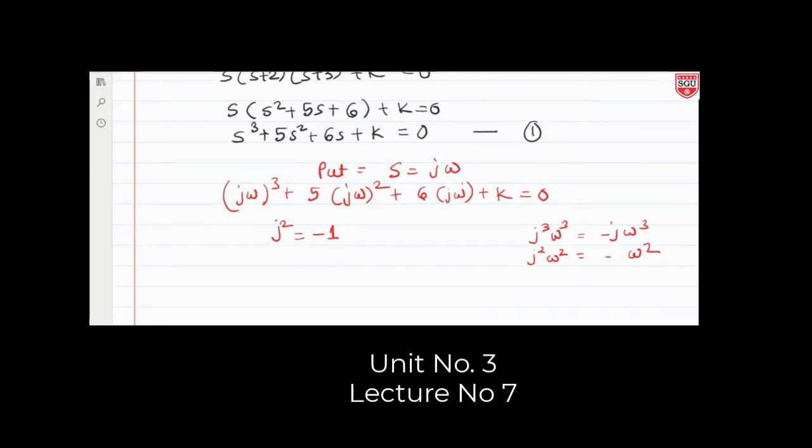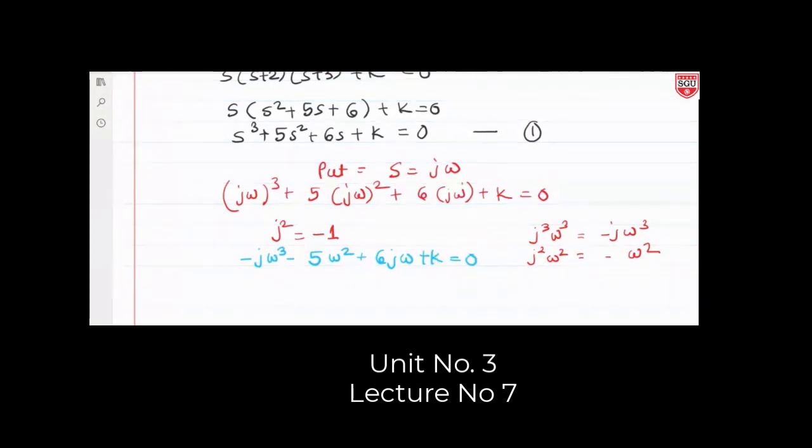Minus omega square. Like that, after making the simplification, we get minus j omega cube minus 5 omega square plus 6 j omega plus k is equal to 0.